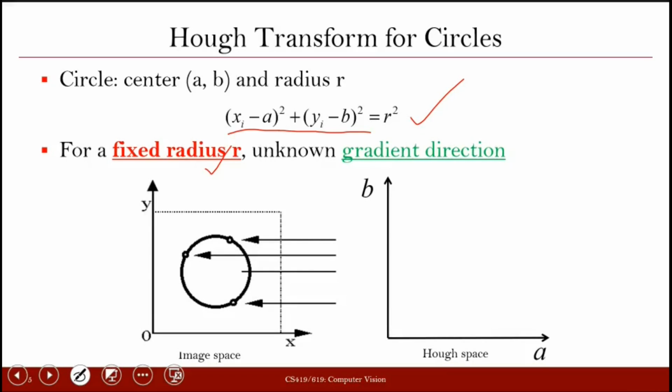In the previous case, if you remember, when we were finding the existence of a line, the objective was to find a suitable value of B and M. Now the objective is to find a suitable value of A and B, and suitable value means that if you choose that center in your image and make a circle of known radius r, it will pass through the points that exist there. Right?